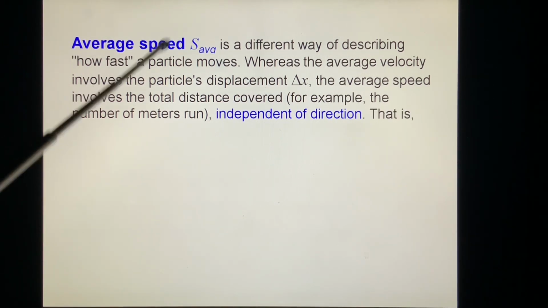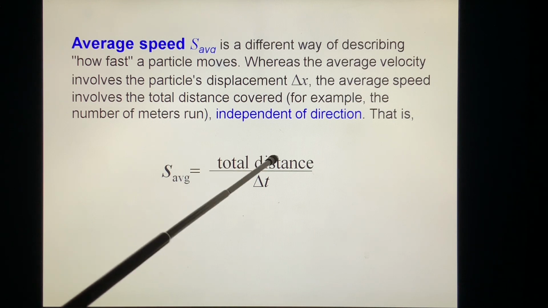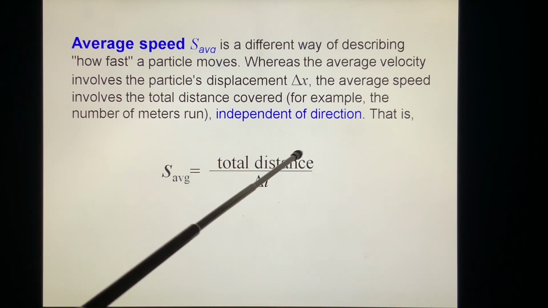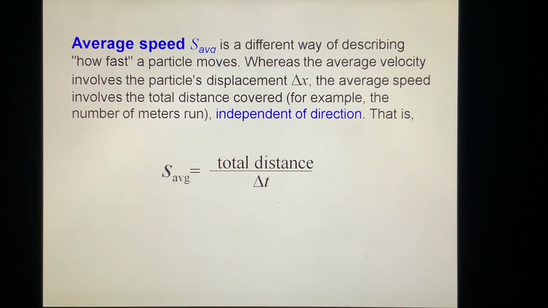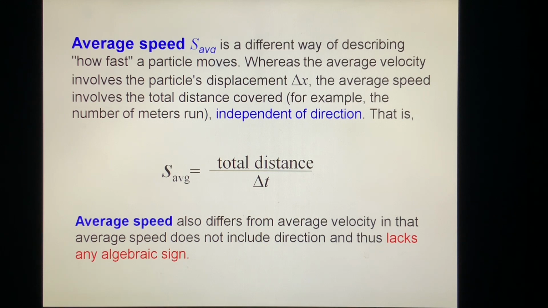That is, average speed is total distance, no direction, over delta t. Average speed also differs from average velocity in that average speed does not include direction and thus lacks any algebraic sign, no plus or minus, because no direction.